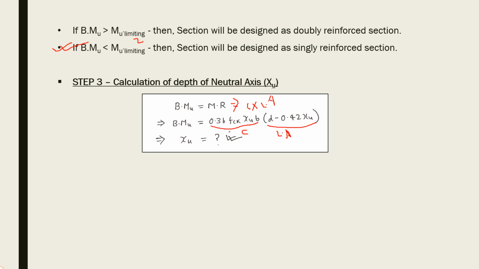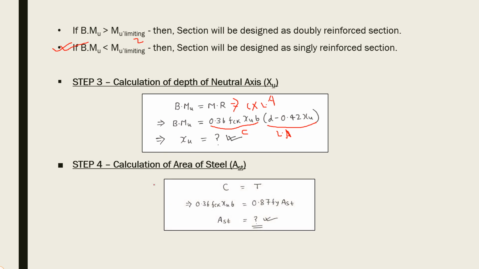Now when xu is calculated, we will move toward step 4, that is calculation of area of steel. Now we will calculate how much steel we will require, means how much bar we will require. For this you have to equate compression equal to tension.